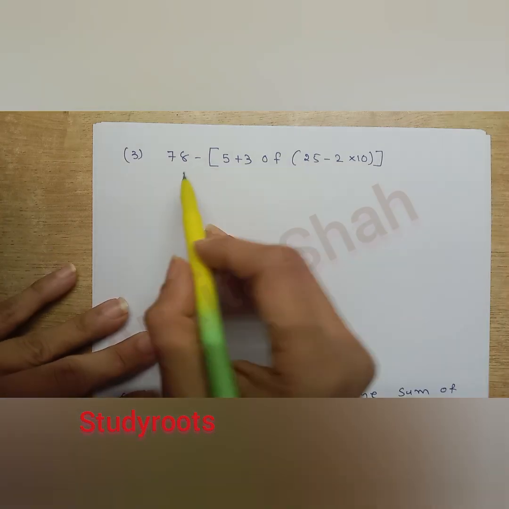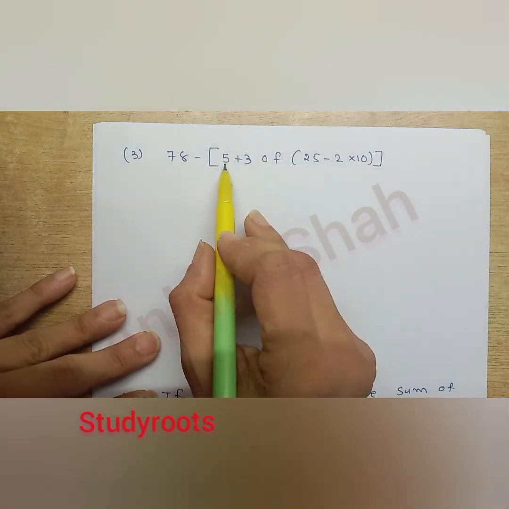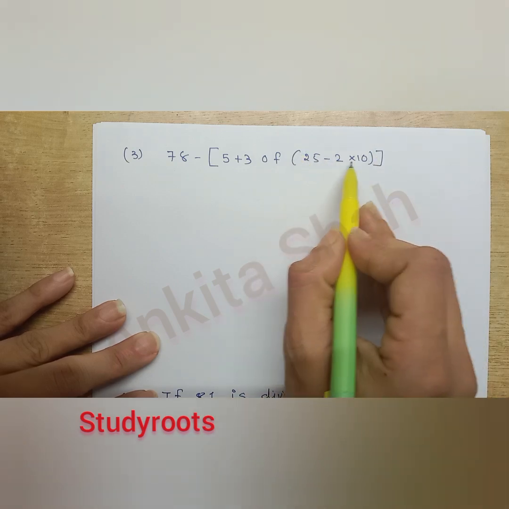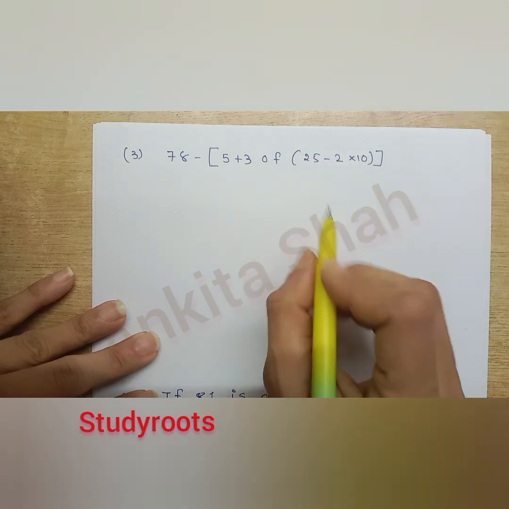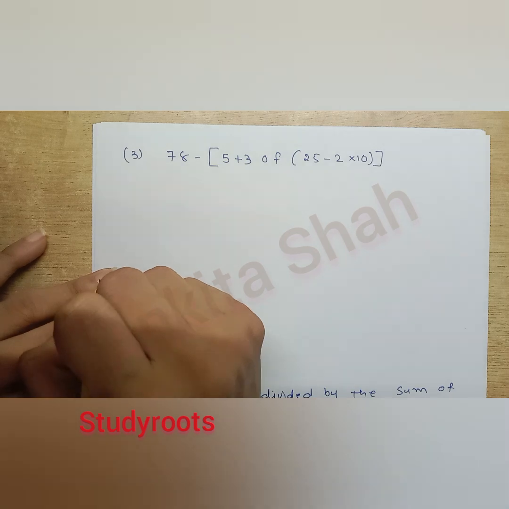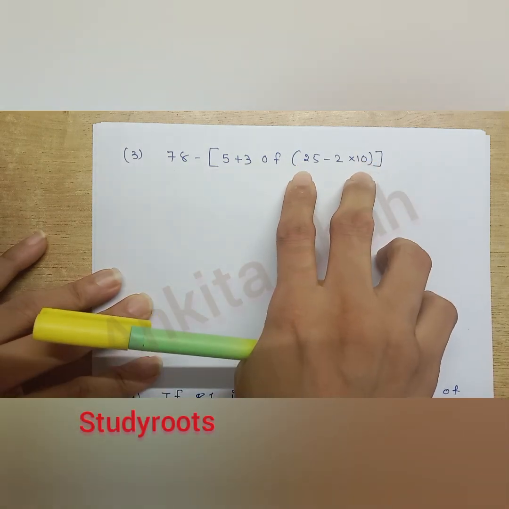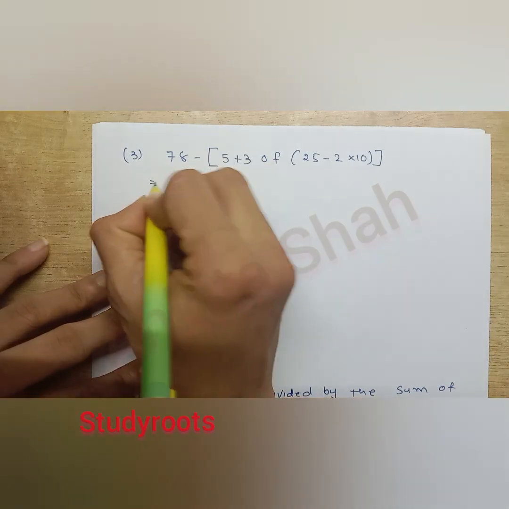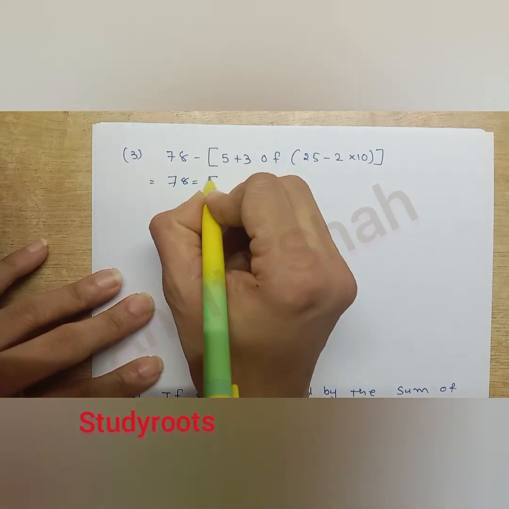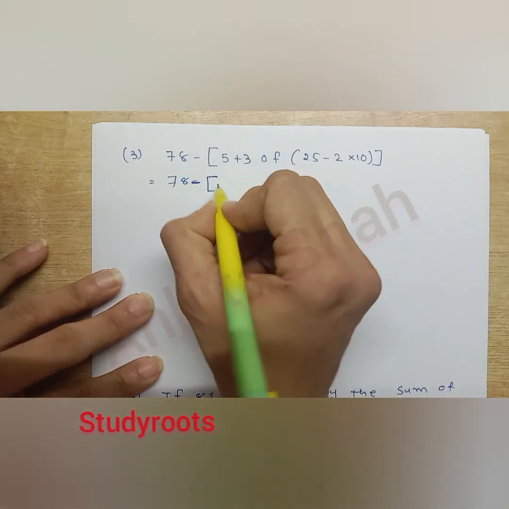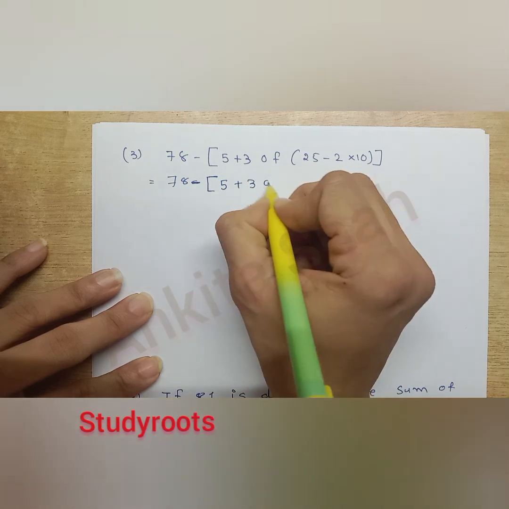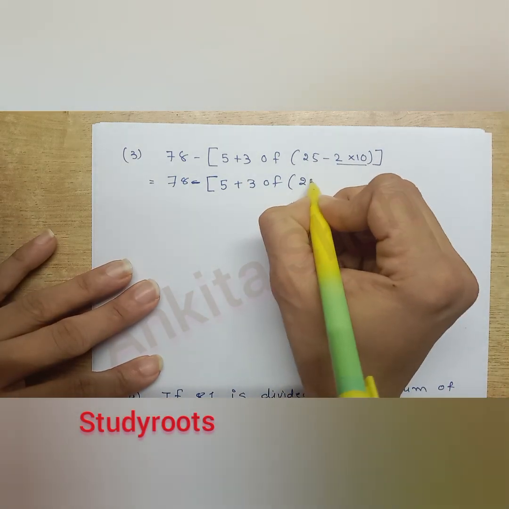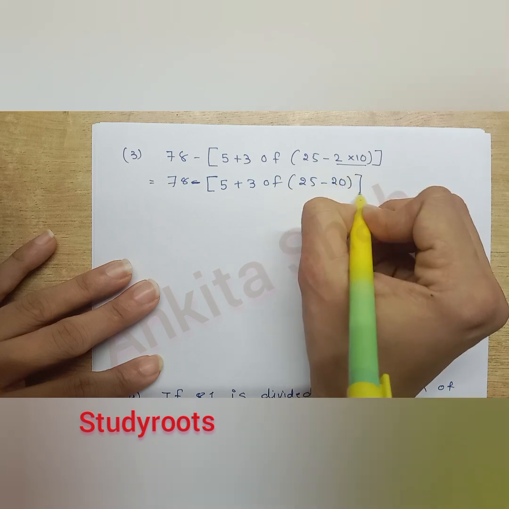Now the third question. 78 minus in bracket 5 plus 3 of in small bracket 25 minus 2 multiplied by 10, bracket over. First, what do we solve? First we have to solve the brackets. It is a small bracket, so we solve it first. The rest of the numbers come as they are in the next step. 78 minus 5 plus 3 of, now here multiplication, so it will be 25 minus 20.